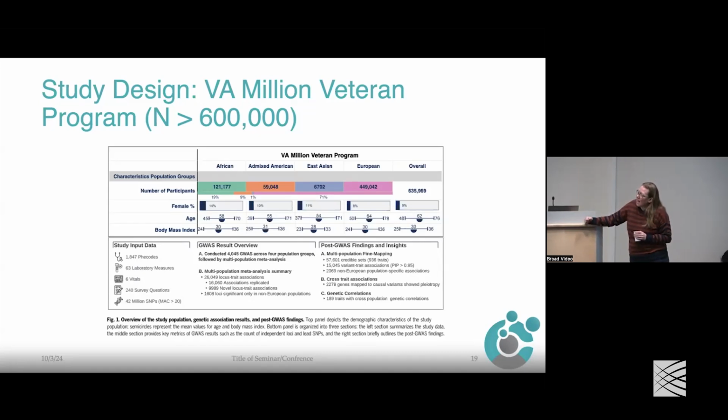They have laboratory measures, vital statistics, and then survey questions. So the type of variable outcomes being studied here can vary. And this is a good example of the type of data you can use as outcomes in a genome-wide association study.